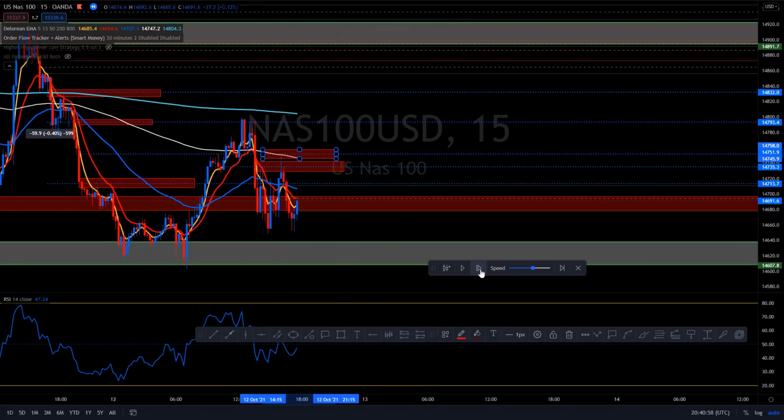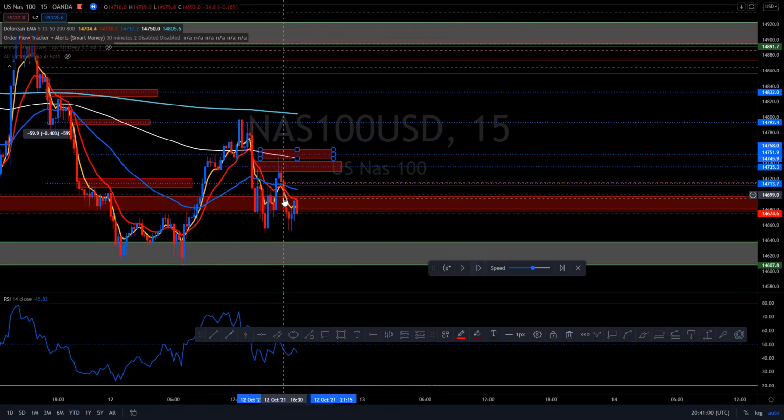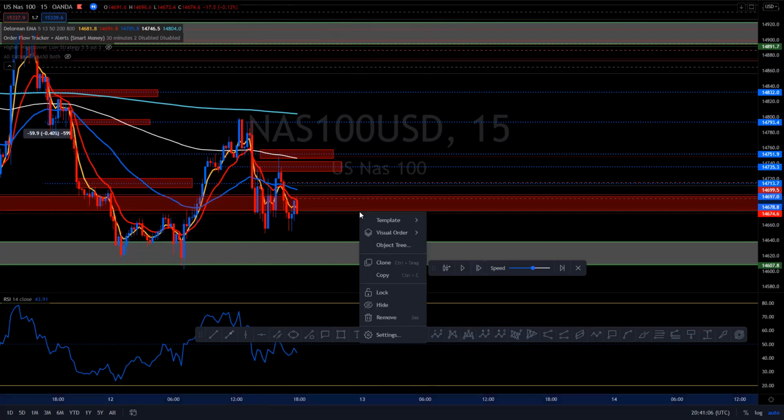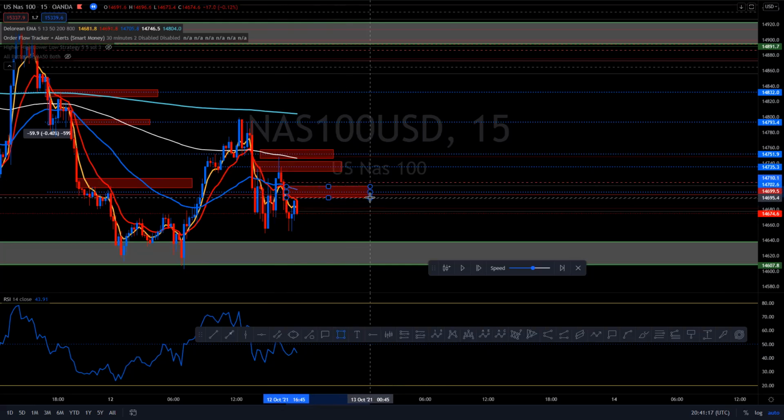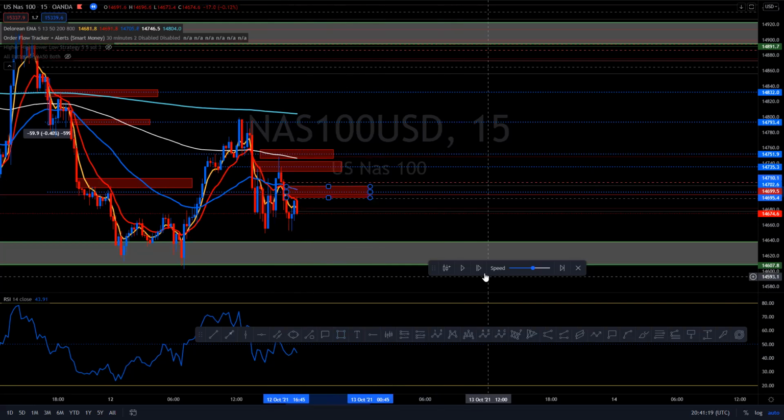See that? And now they're bringing it back up to fill out this imbalance area. Let's mark that again right here. So let me just take this out. So let me see the imbalance area they came back up to. They came back up to this imbalance area. Let's draw it. See? Boom.